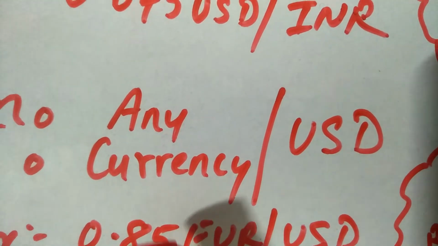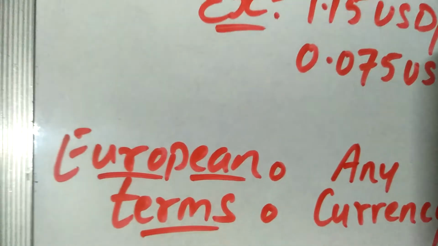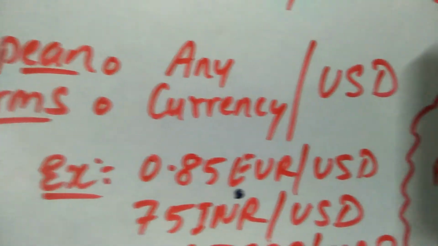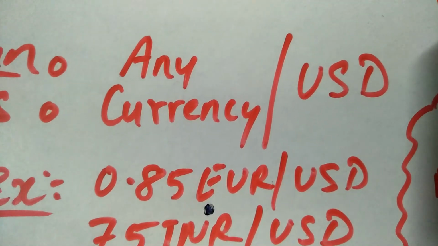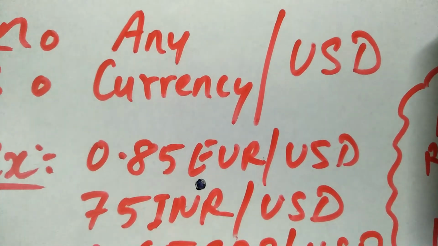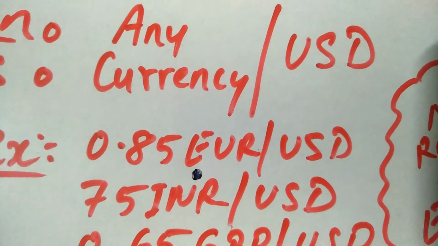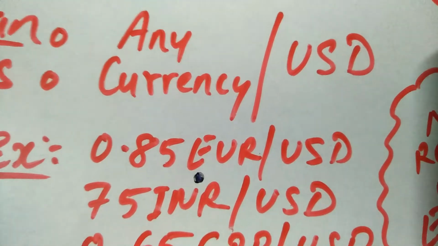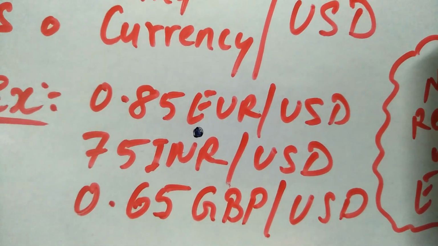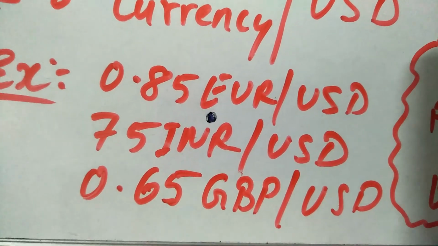Whenever any quote is given per unit of US dollar, it is termed a European term. For example, 0.85 euro per unit of USD is a European term. 75 rupees per unit of USD is again a European term. Here no euro is involved, still this is a European term. Or 0.65 GBP per unit of US dollar, still it would be called a European term.